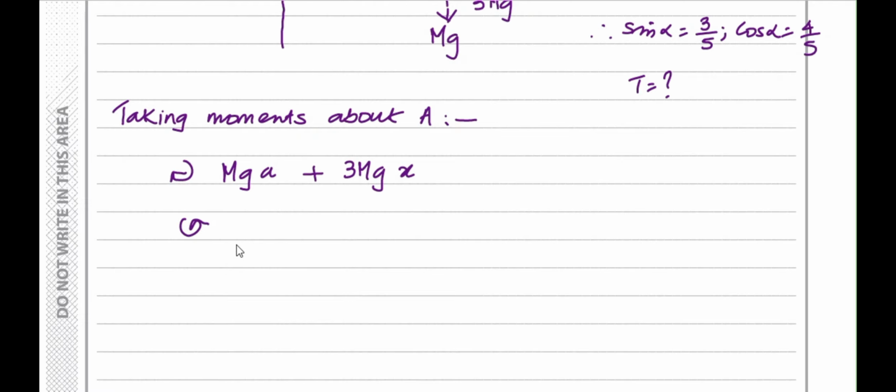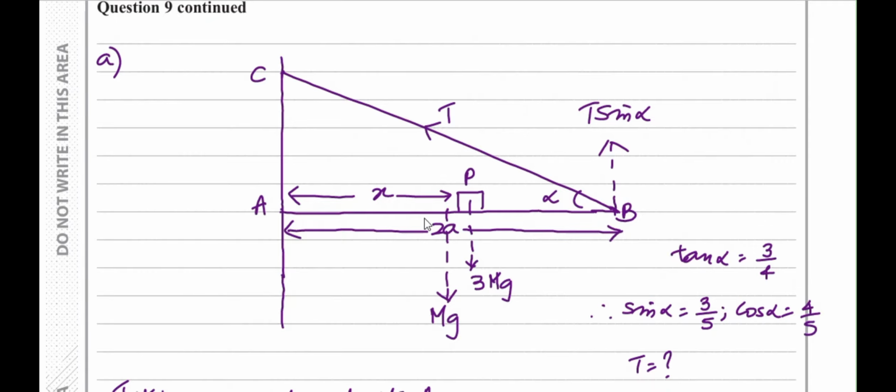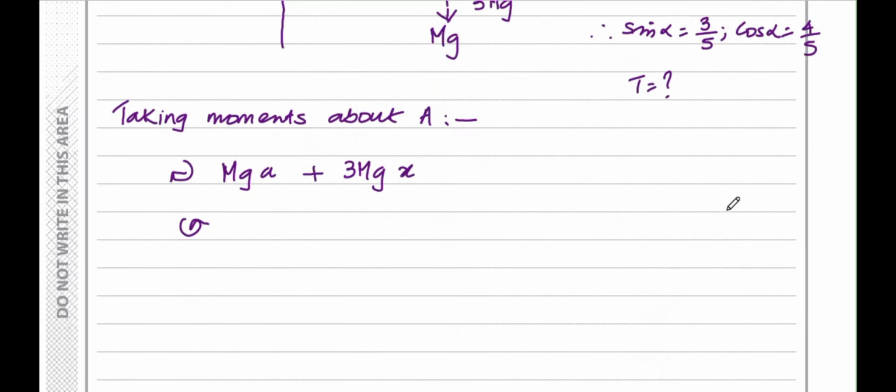There is no upward force except T sine alpha, so we multiply T sine alpha by the perpendicular distance from A, which is 2a. Therefore, it is T sine alpha times 2a. Since sine alpha is 3 over 5, it is T times 3 over 5 times 2a.